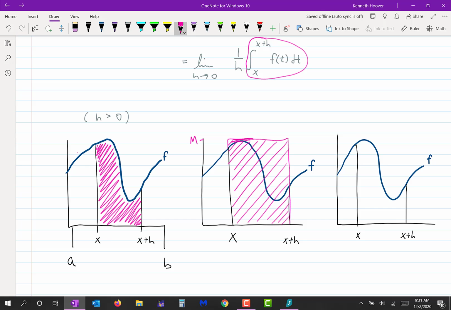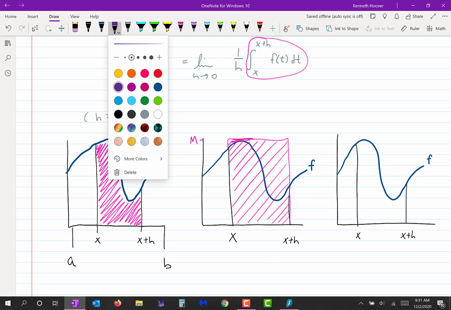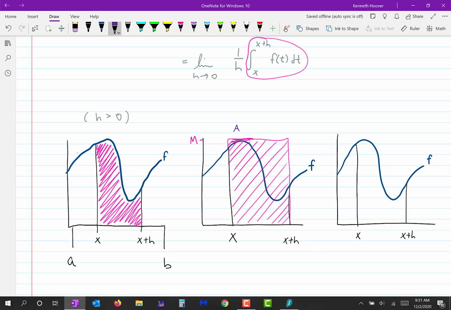What's the area of that rectangle? Well, that's really big. What would be the area of that rectangle? Do you agree that that area would be width times height, right? So h times capital M, right?